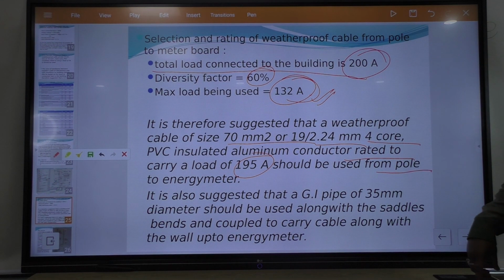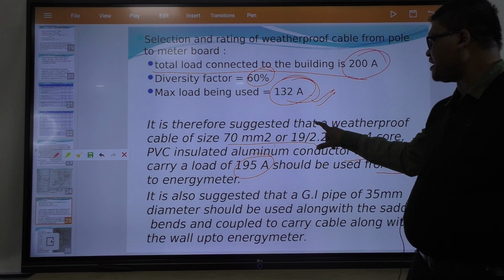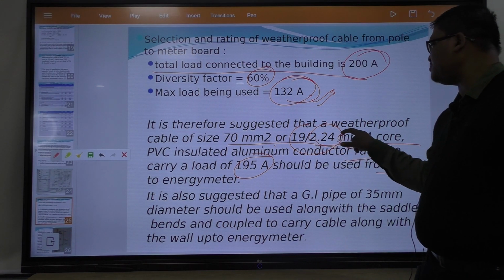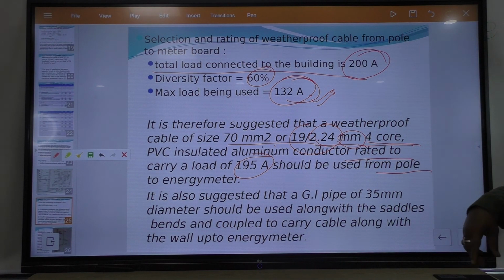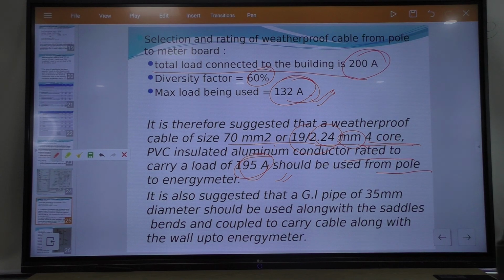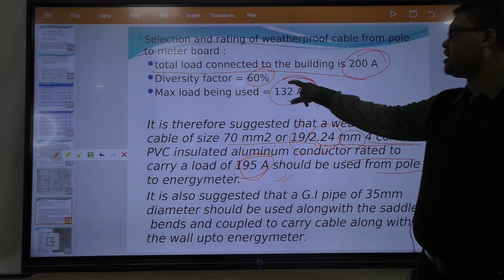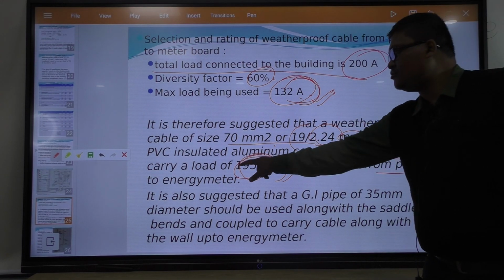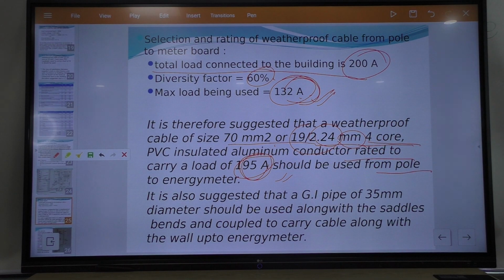We will use 70 mm square, 19 by 2.24 mm diameter, 4 core cable to carry a current of 195 ampere, because 132 ampere plus 60% diversity factor gives 195 ampere, the maximum demand.